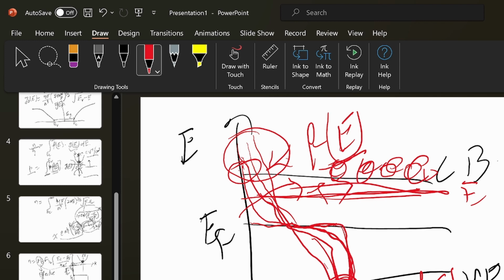So n will be greater than p. In the semiconductor, the number of electrons will be greater than p. So it is an n type semiconductor.